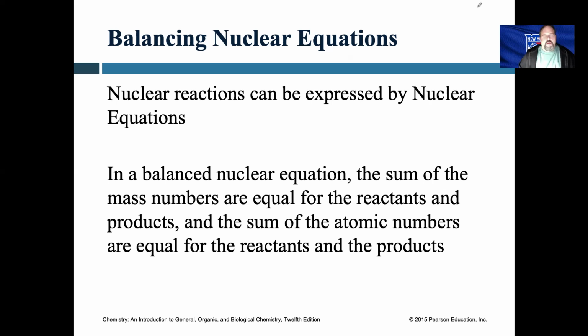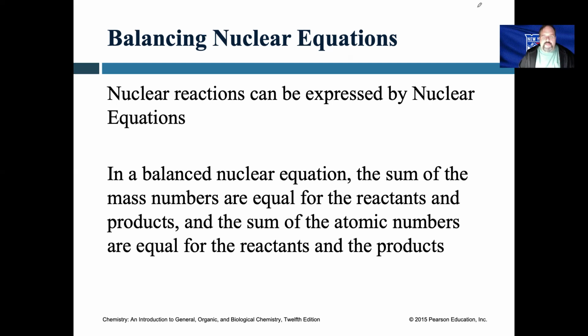And second, on both sides, the sum of the atomic numbers must add up to be the same. Now, those two sums are not going to be equal to each other. If they were, it'd be just a slim chance, but we're looking at them separately. But both of those facts have to be true in order for a nuclear equation to be balanced.